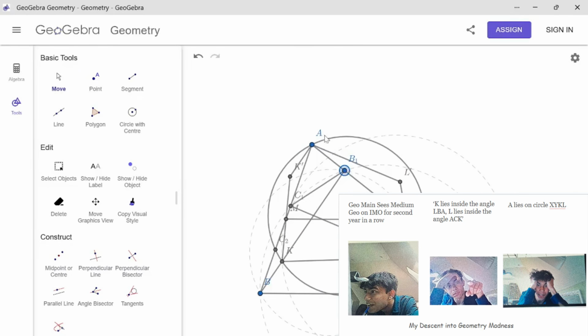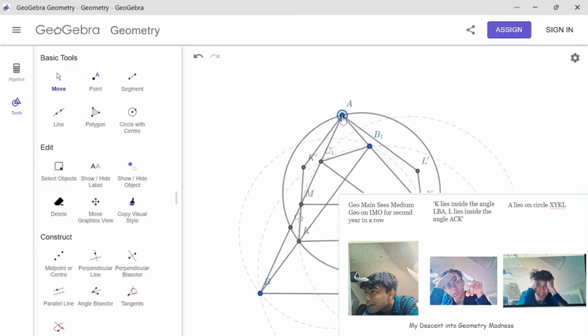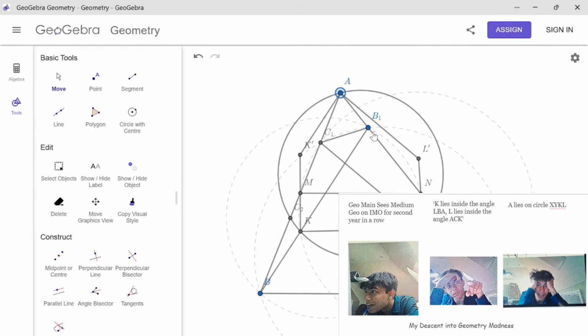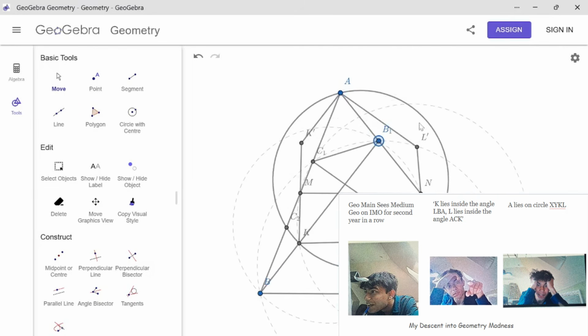I'm not so sure. Okay, if KL is parallel to BC, then KLB1C1 is cyclic as well, which is big if it's true.